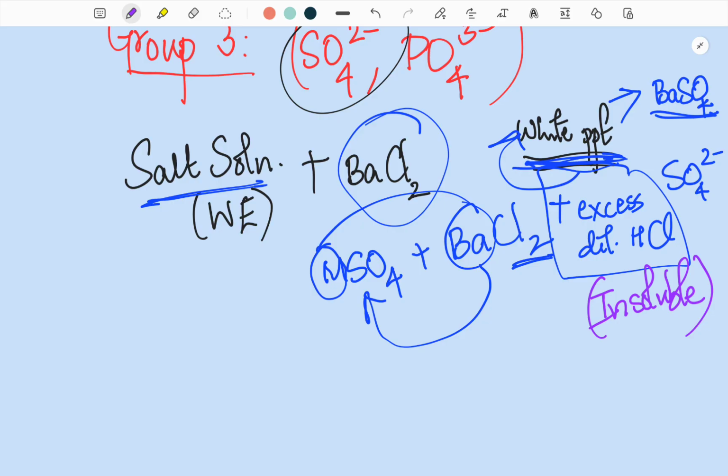So very important: once you get a white precipitate, you need to add dilute HCl to the precipitate, and if it is insoluble, that means your ion is sulfate. I hope that is clear.